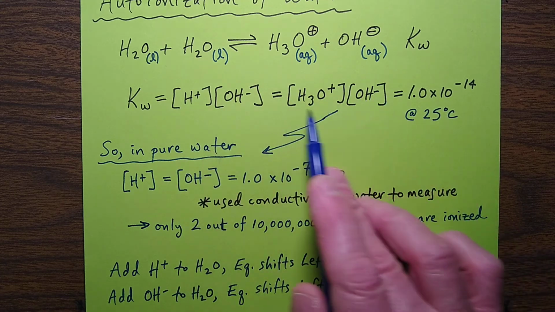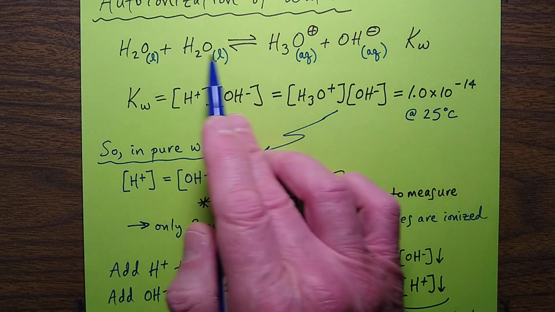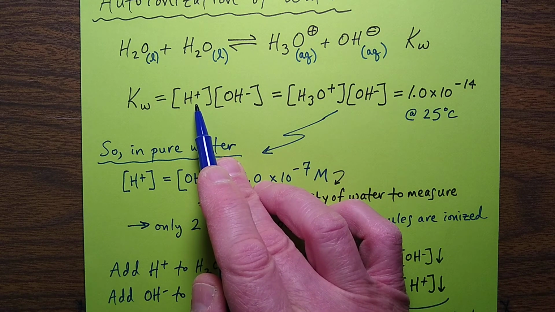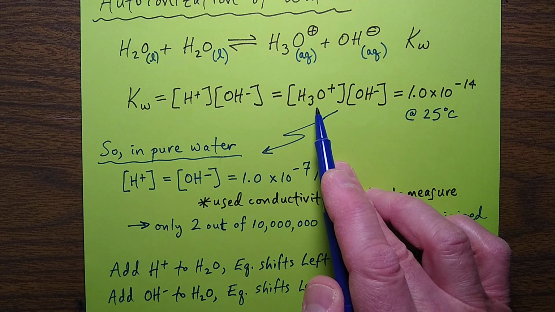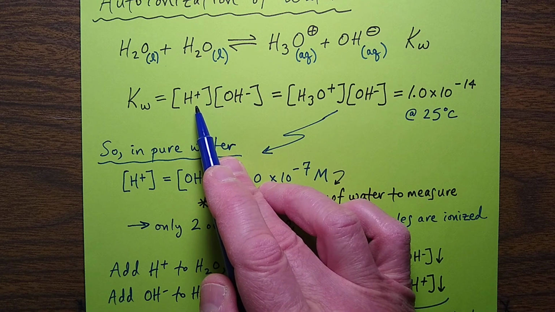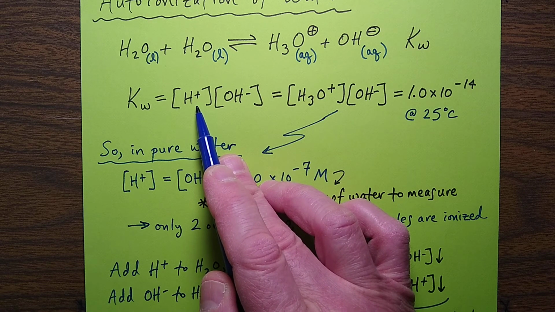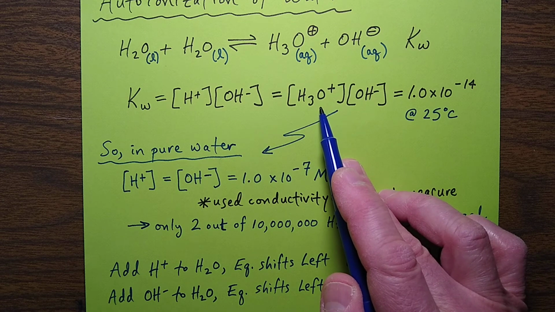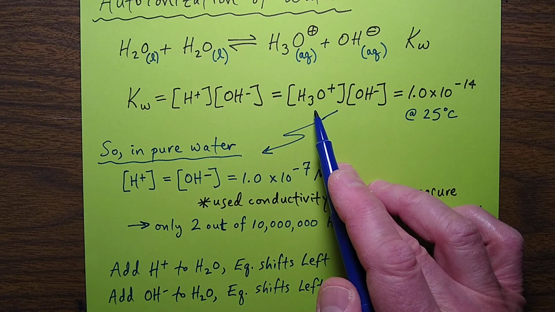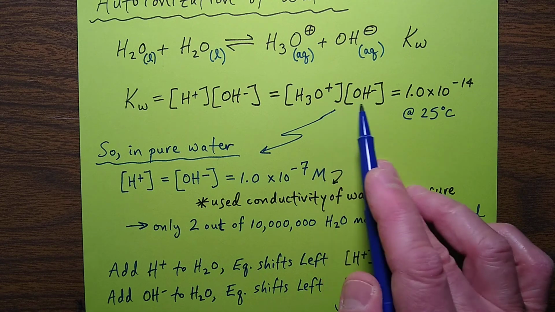This is just a little bit more detailed in that it's including the other water molecule. H+ is just a shorthand way to write a water molecule with an extra proton. You can't have protons floating around in water. They're much too reactive. So they really exist as water molecules with the extra proton, which we call this hydronium ion. It's drawn like that.